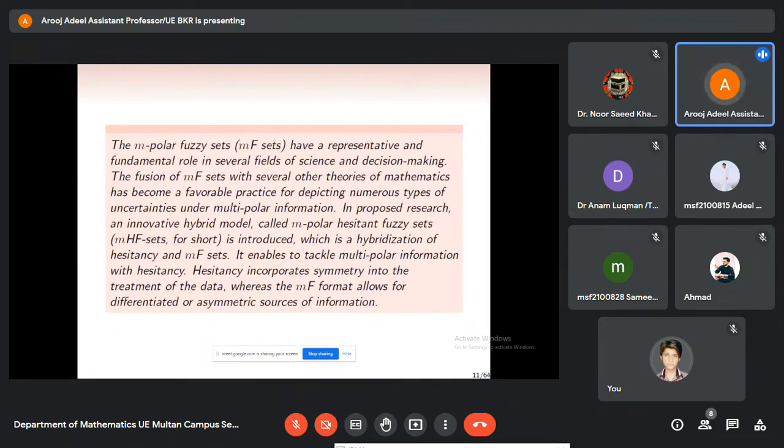In the proposed research, an innovative hybrid model, which is known as the M-polar hesitant fuzzy set, is introduced, and it tackles multipolar information with hesitancy. Hesitancy incorporates symmetry into the treatment of the data, whereas the M-polar hesitant fuzzy format allows for differentiated and asymmetric sources of information.